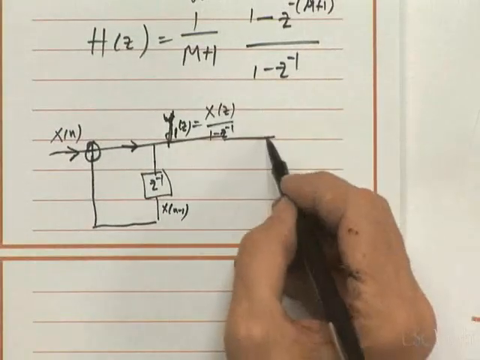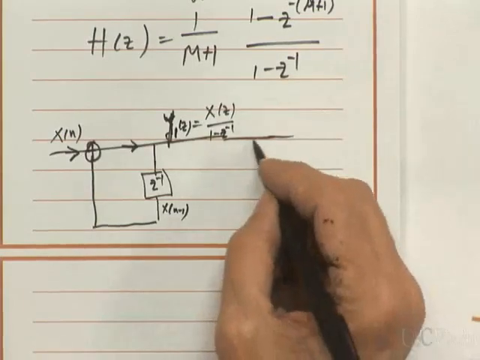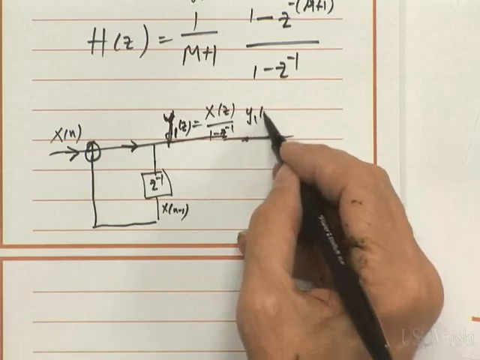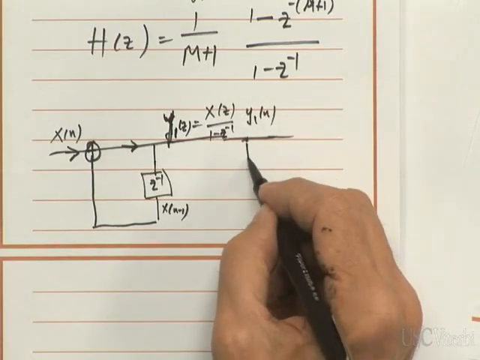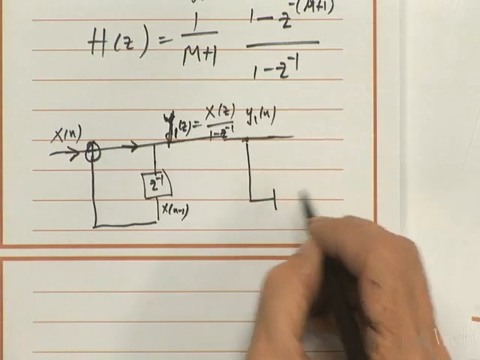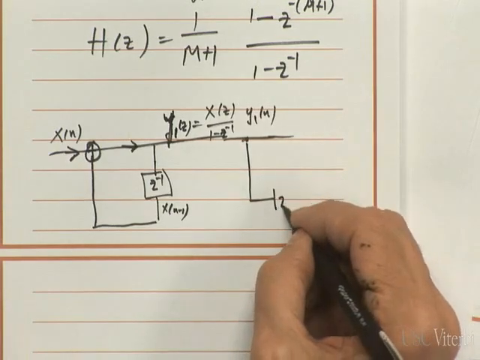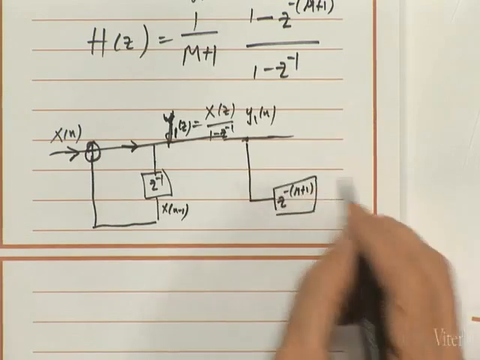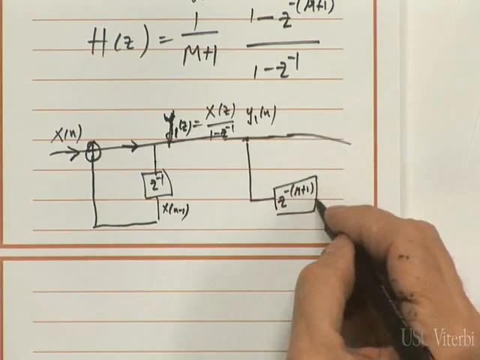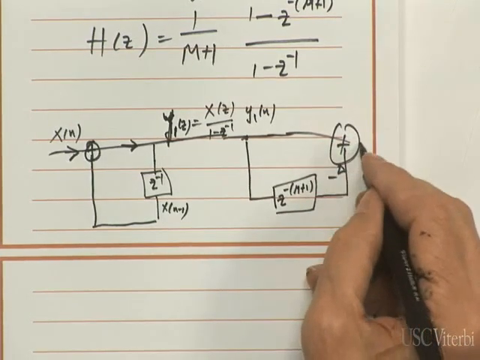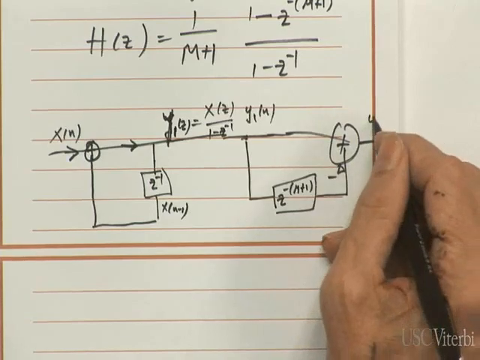But if now you go over here and take this signal, now this is y1, and you take this and you delay it by z to the minus, you introduce m plus 1 delays, and then you take the output and you subtract it from the input, minus, voila, out comes y of n.